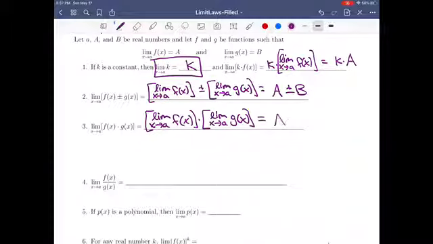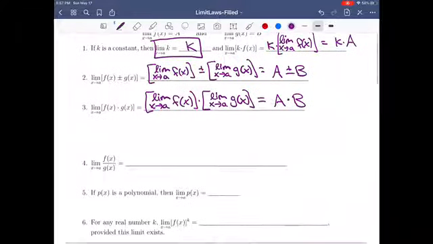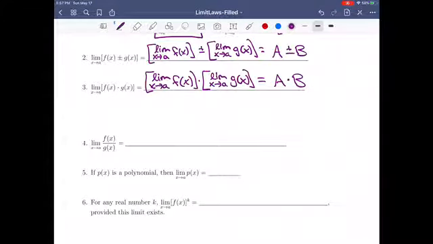So that's going to be A times B. So you can multiply after. Now remember, this is assuming that A and B exist, so they're real numbers. If one of these limits went to infinity, then we might have a problem. So you can still apply the rules in those cases, you just have to be a bit more careful. So we'll talk about that later.